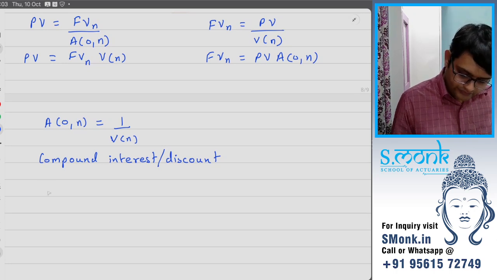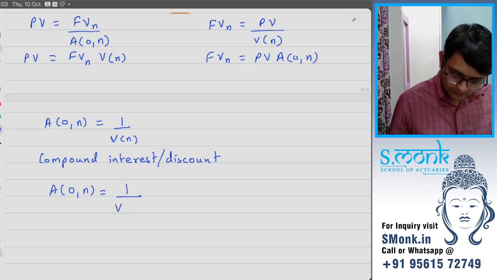So we'll say 1 plus i. Again, accumulation 0 comma n must be equal to 1 by v^n. So (1 plus i) raised to n will be equal to (1 by 1 minus d) the whole raised to n.